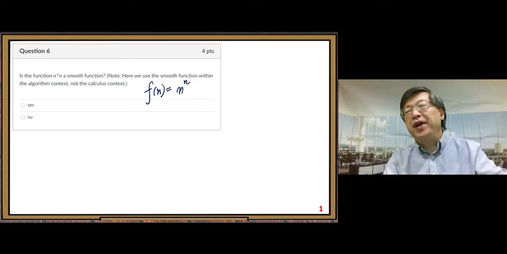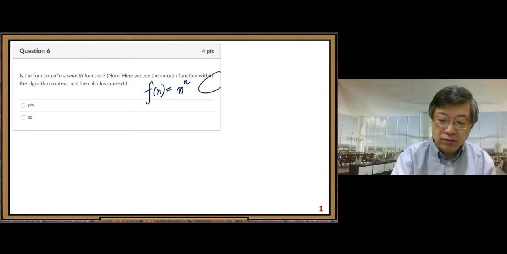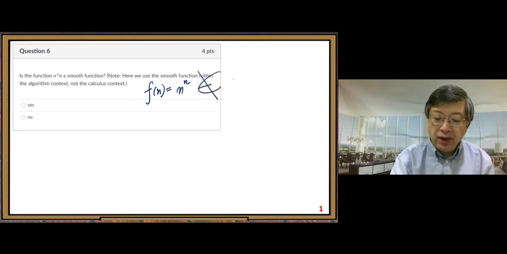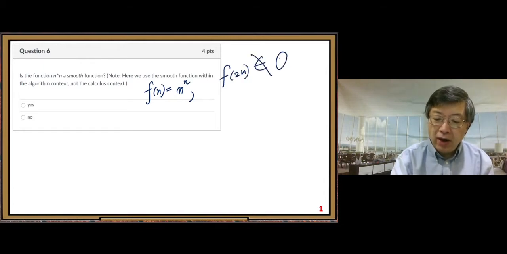Much more complicated. So we want to show this function is not a smooth function. We want to show f of 2n does not belong to big theta of n to the nth.